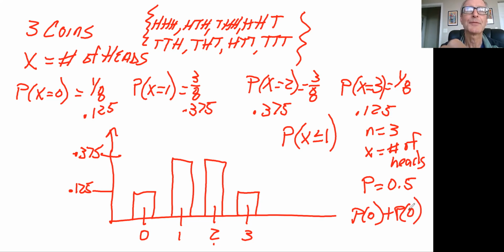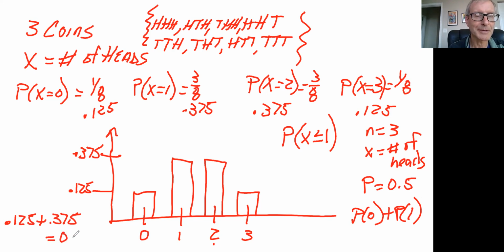And so when you do that, we'd have to add those 2 up in the old-fashioned way, right? So that would be 0.125 plus 0.375. And if you add that up, the probability of getting a 0 or 1 would be 0.5.